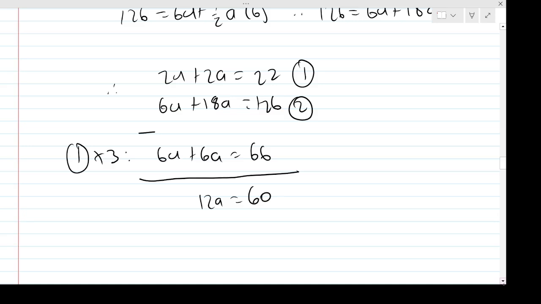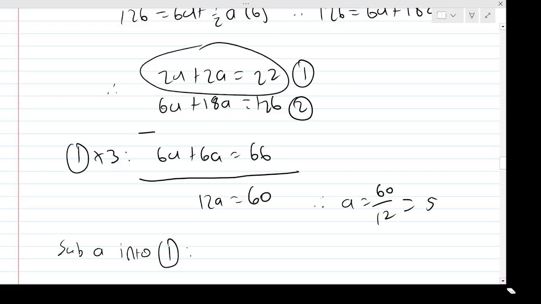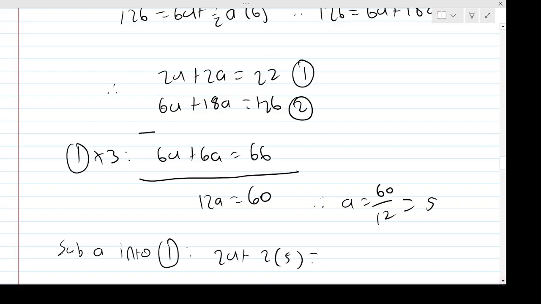So therefore 12a is 60, divide by 12, we get a equals 5. Okay, and there we are. That's my acceleration. Then simply I can find u by substituting a back into either formula. So if I sub a back into, say, the first equation, I'm going to get 2u add 2 lots of 5 equals 22.